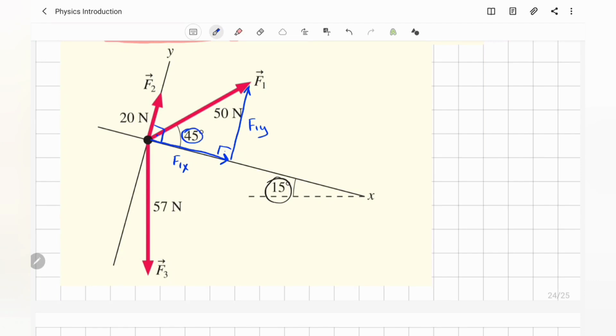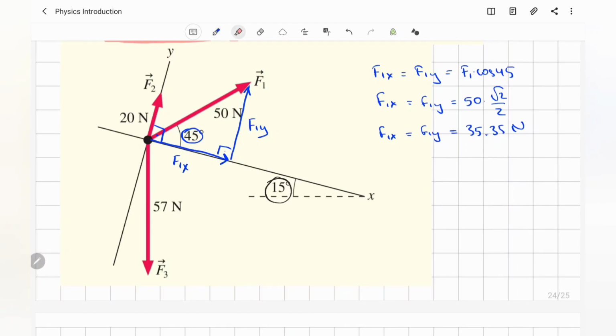As you see here, we have 45 degrees, so F1x will be equal to F1y, and this will be equal to F1 times cosine 45. Let's do it quickly. F1x equals F1y, equal to 50 times cosine 45, which is basically square root 2 over 2. So F1x and F1y are approximately 35.35 newtons.